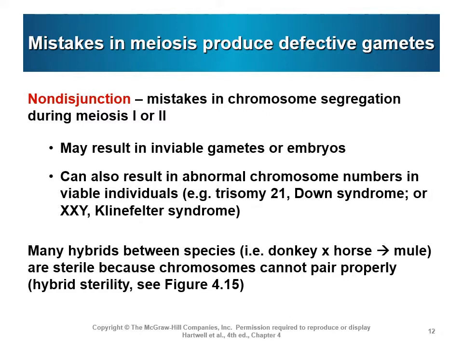Many hybrids between species are sterile because chromosomes cannot pair properly. That's also an example of mistakes in meiosis.